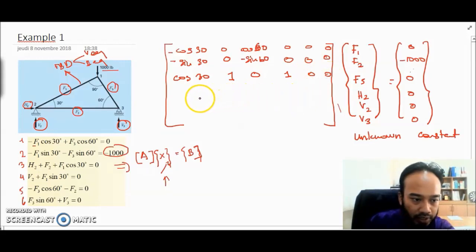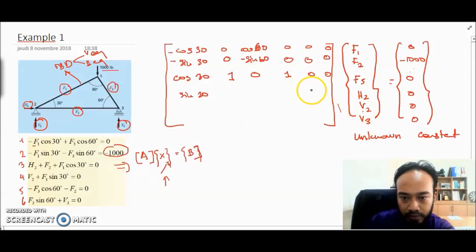Okay, so for the fourth line, we have V2 and F1. So F1, the multiplier is sine 30. And then we only have V2, which is over here, the fifth line. V2, the multiplier is 1.